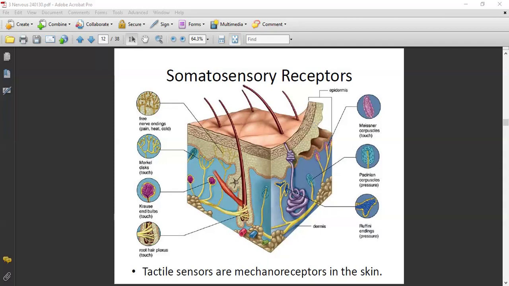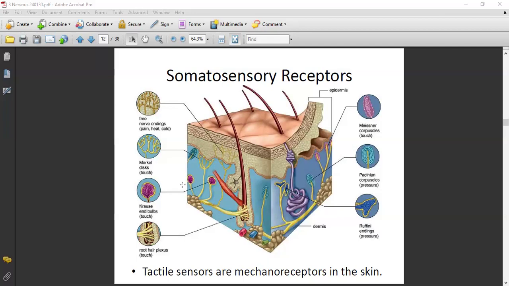Some of these nerves are very superficial, like the free nerve ending, the most superficial one. Others are a little less superficial, like Merkel's disc. You probably learned this in your skin unit already, but this is just a connection from that skin knowledge to the nervous system. So those are sensory nerves.